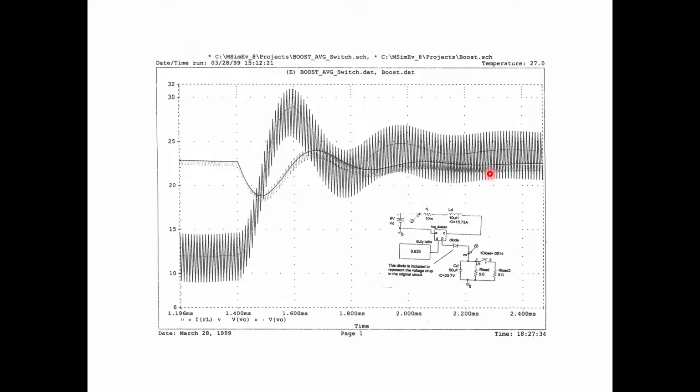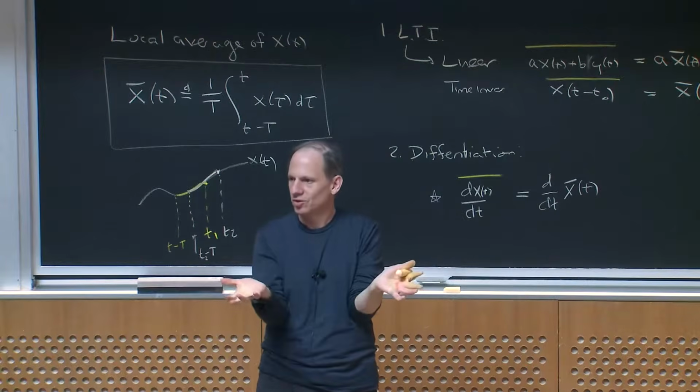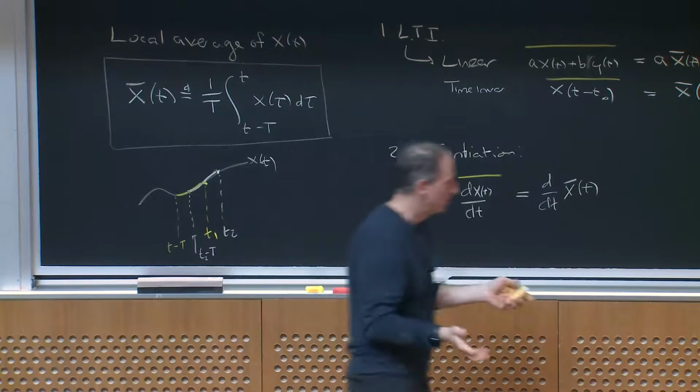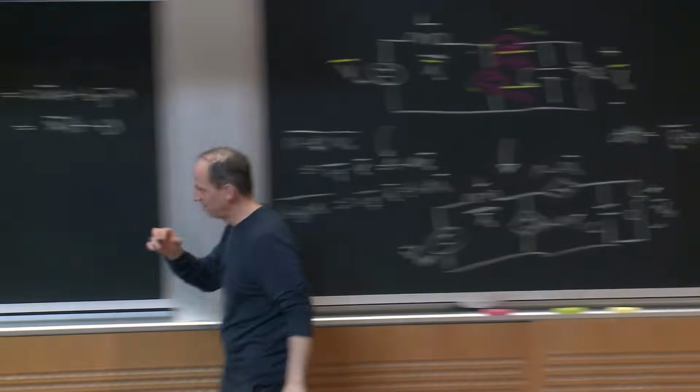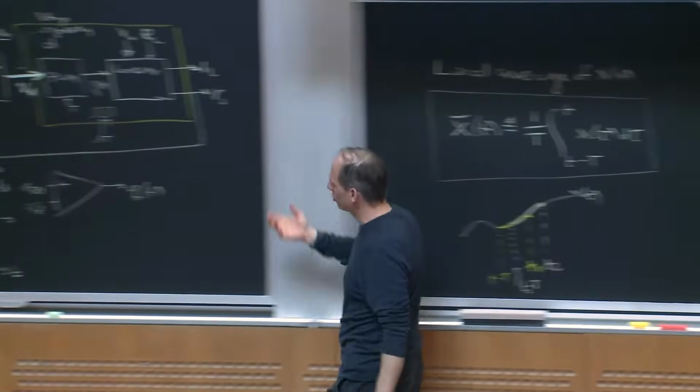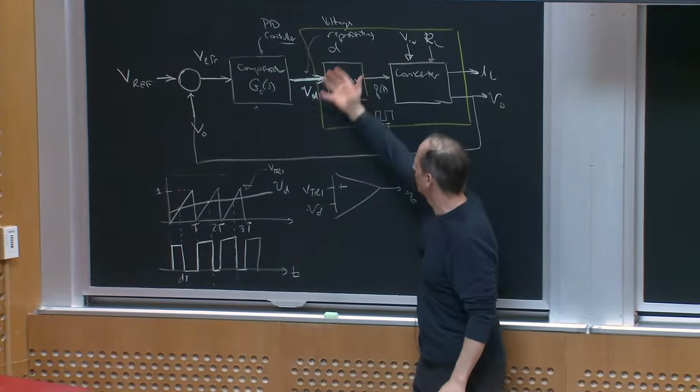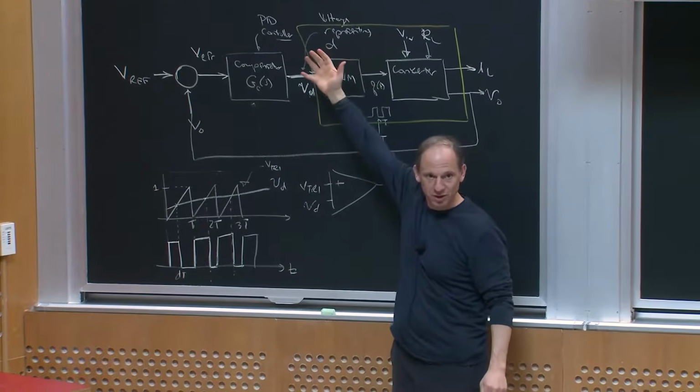This is the transient you get when you change the resistance in that circuit. Here's the voltage, and here's the current. It's right up the middle. So I've got a circuit that has second order response, and it tracks the average values of my waveforms. I've gotten rid of the switching.